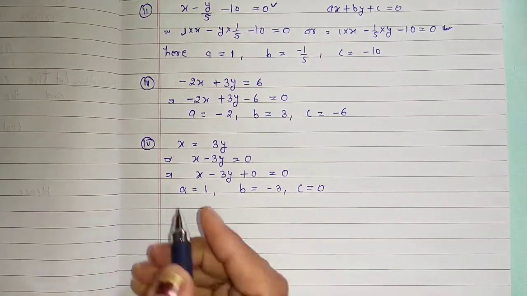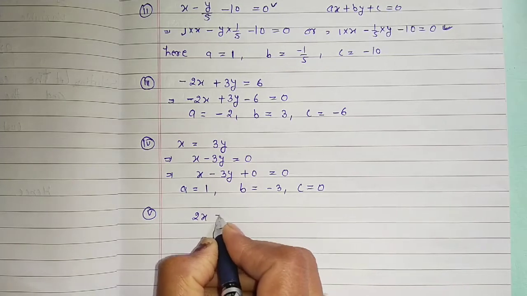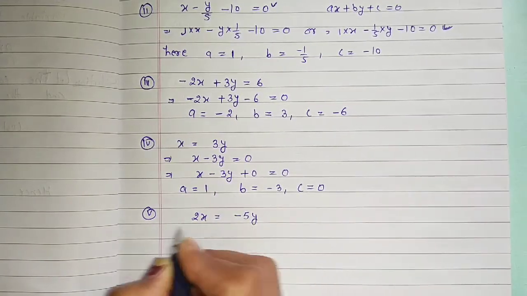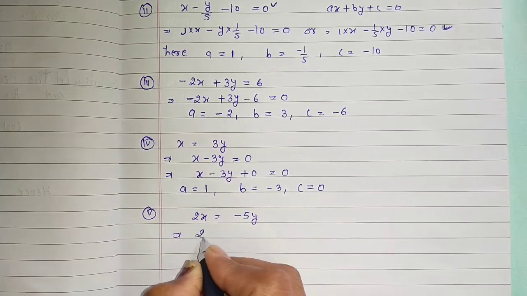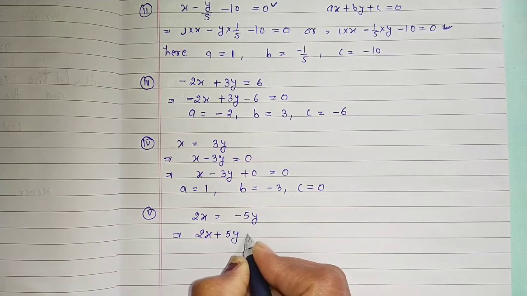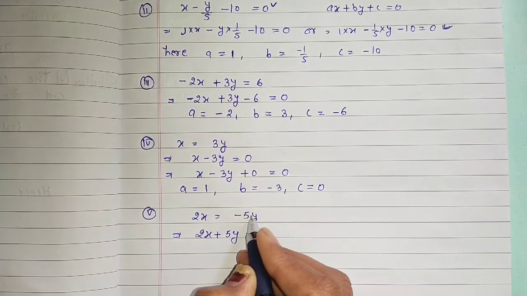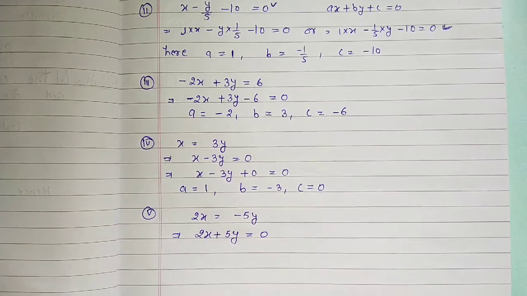And the fifth part is 2x equal to minus 5y. By transferring minus 5y to the LHS, it becomes positive, and we can write it as 2x plus 5y equal to 0. Here minus 5y on the RHS is negative and by transferring to the LHS, it becomes positive.